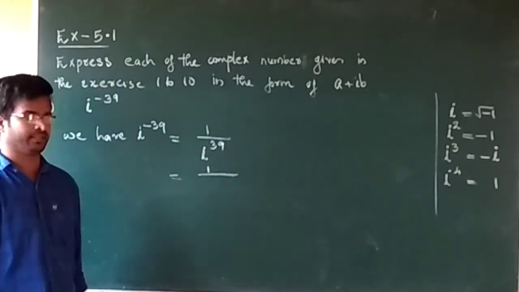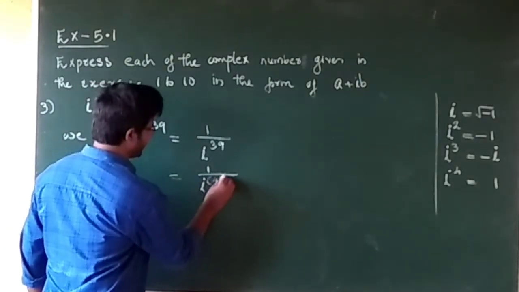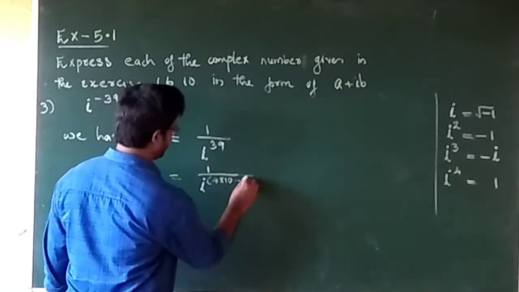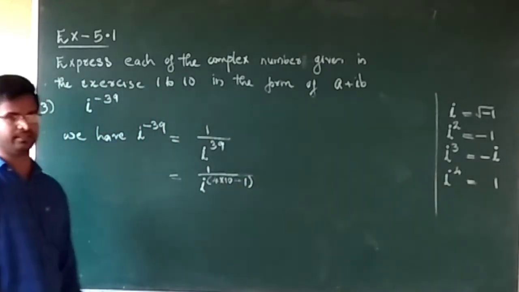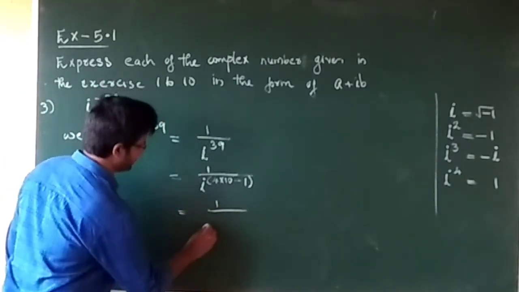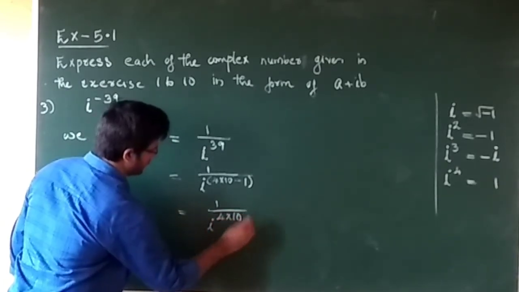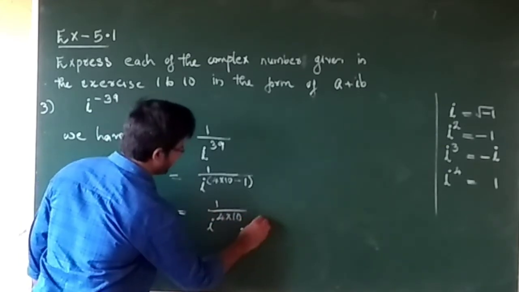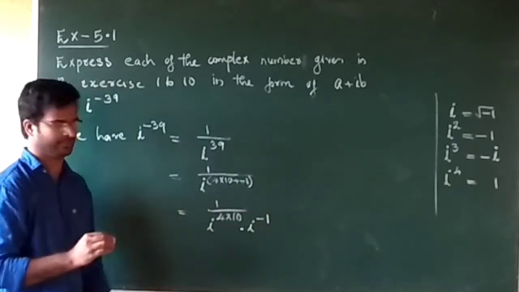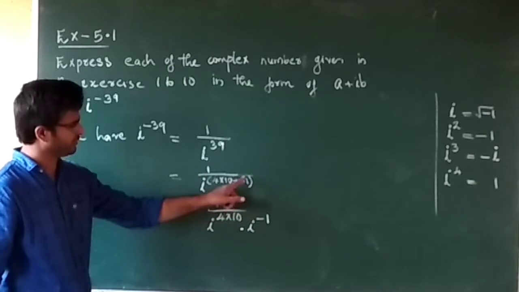This i raised to 39 we can write i raised to 4 into 10, 4 into 10, 40, then minus 1. 40 minus 1, 39 you will get. 1 divided by i raised to 4 into 10 into i raised to minus 1. Here this minus 1 power, plus means into, we can write, isn't it? Then remaining i raised to this minus 1.